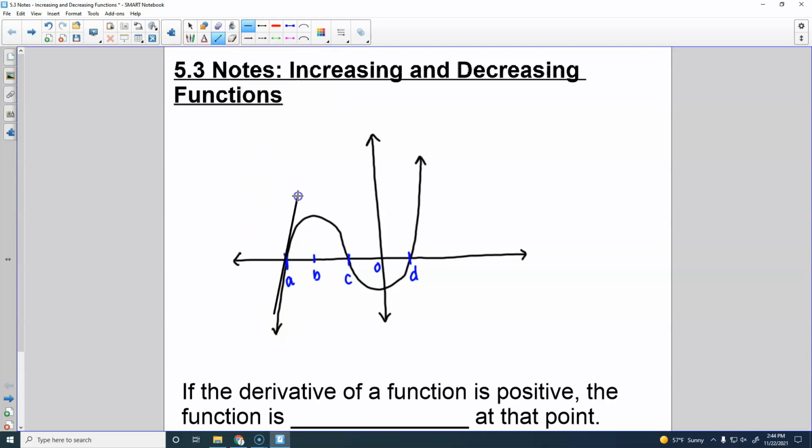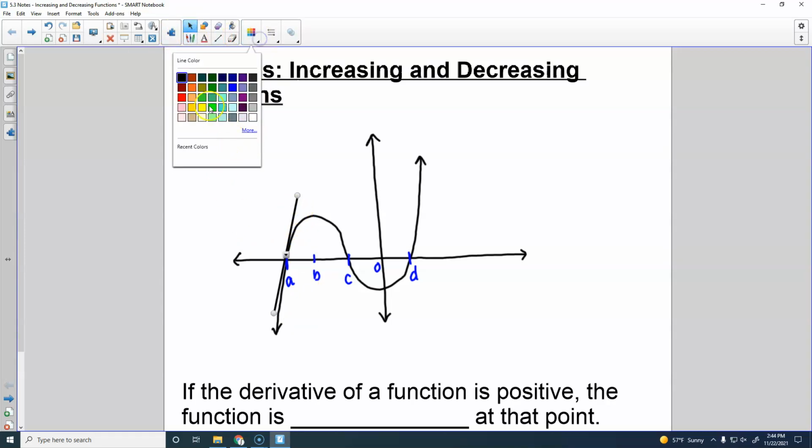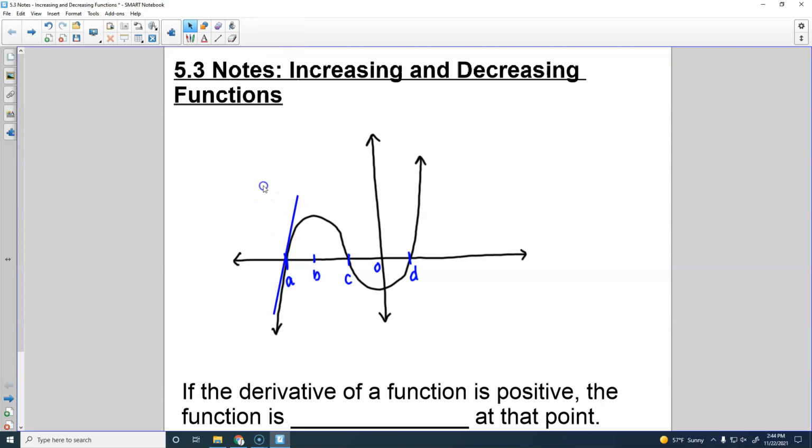Alright, so if we draw in a tangent line here at A, the function is not positive, but the derivative is positive. Right, the function is increasing at that point.